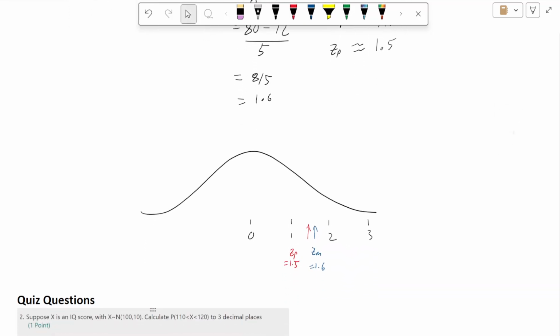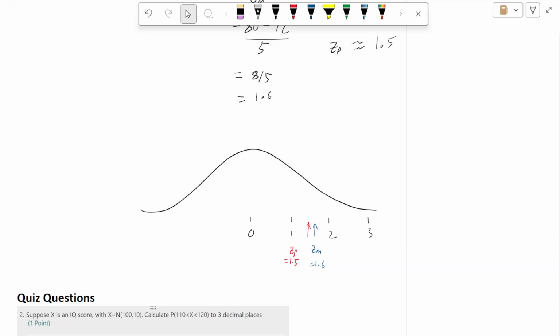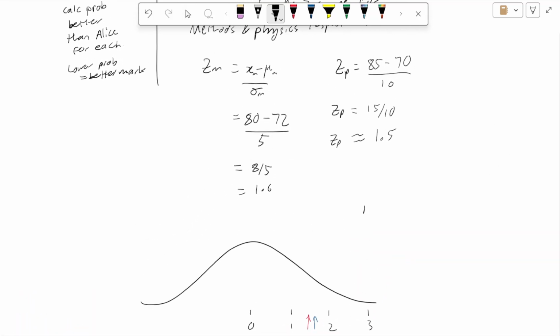So her methods one was better. She's further along to the right of the bell curve. That means she's more above average in methods. So methods was better. She is further above average.